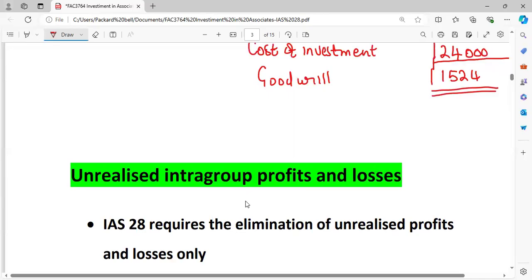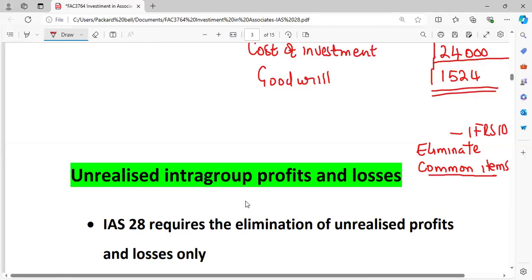Right, in International Financial Reporting Standard 10, we used to eliminate common items. All intra-group transactions, we were eliminating them. We eliminate all common items.